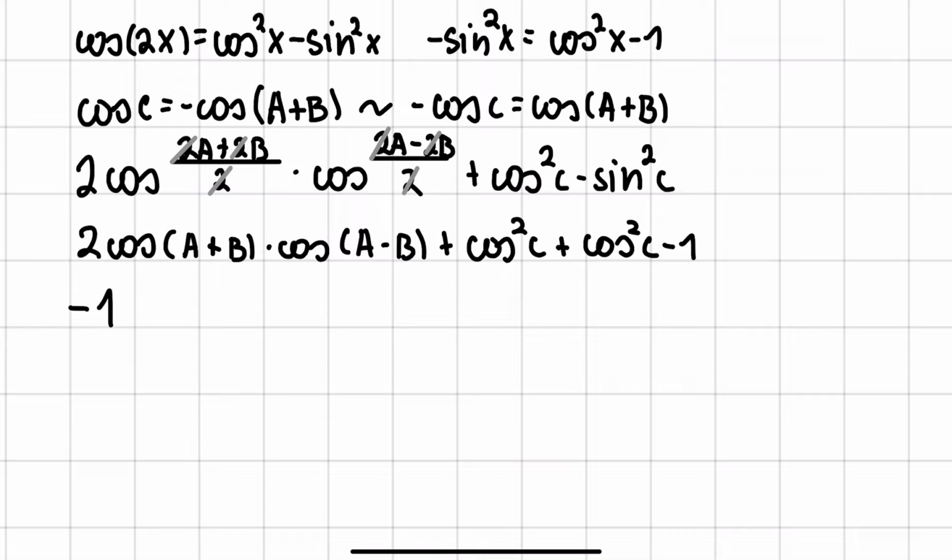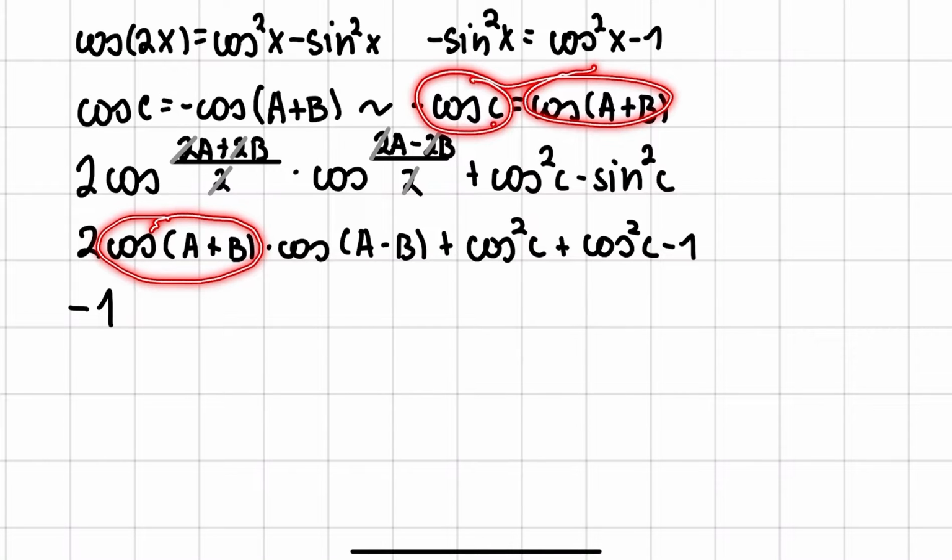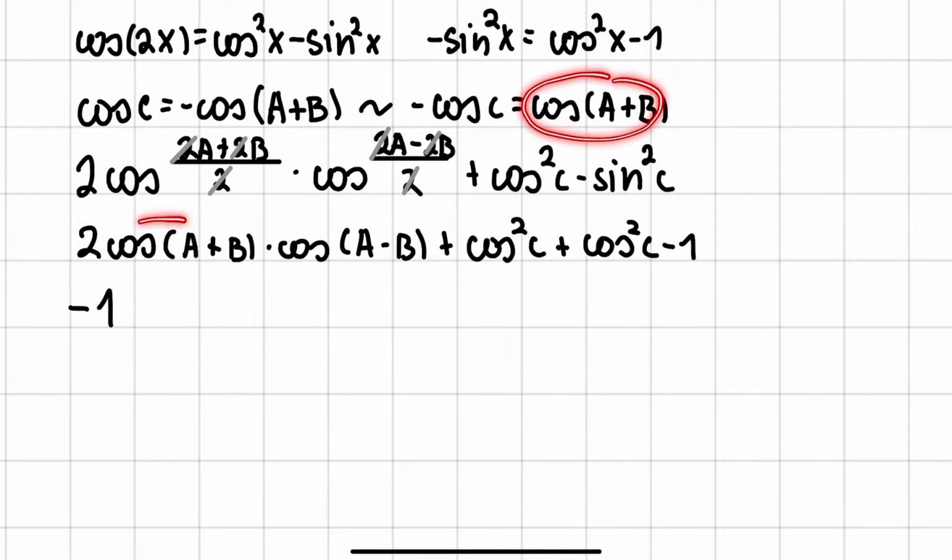And now I'm going to tell you again what we're going to do with this. So we're just going to switch up this with this, right? With this. So if this is the same as this, I can just write it like this. And 2 times minus cosine C is minus 2 cosine of C. So minus 2 times cosine of C. That's nice. Now I'm going to write the rest.